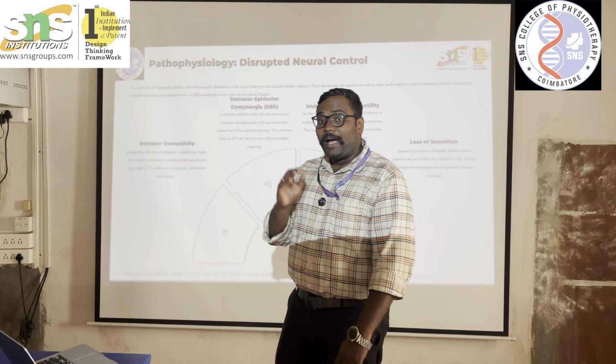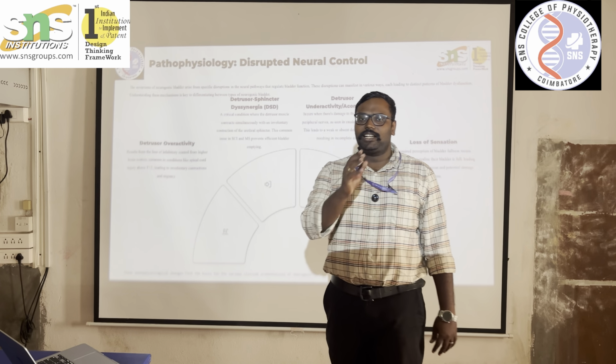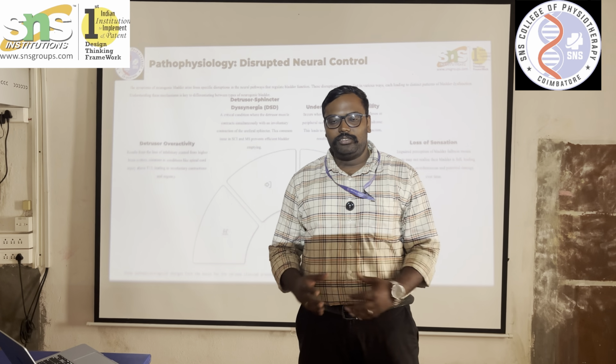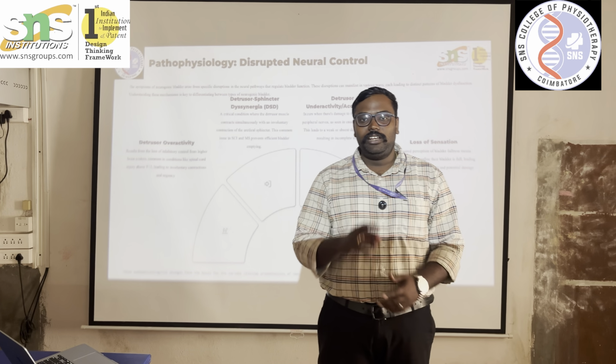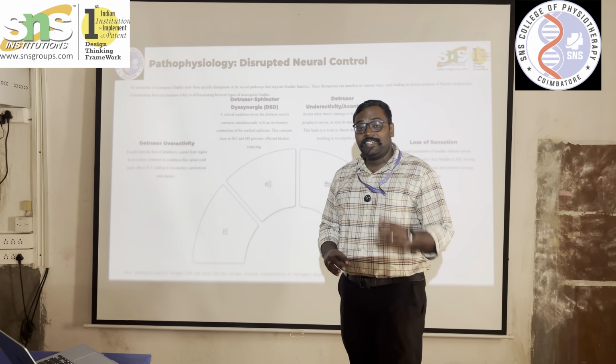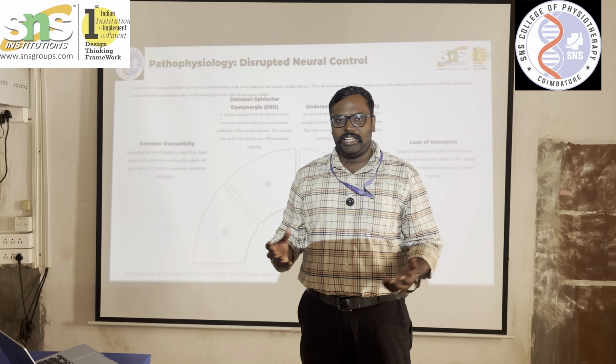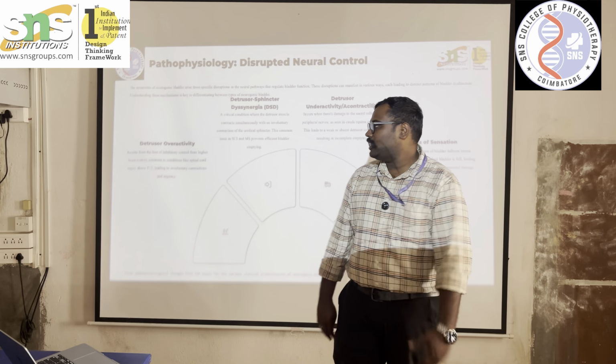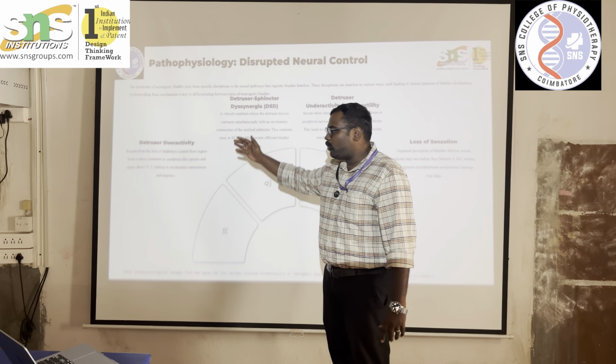Now, pathophysiology. As we have been learning clinical neurology for the past months, pathophysiology plays a major role in determining what is happening and what is causing this problem. For each condition, the pathophysiology changes.